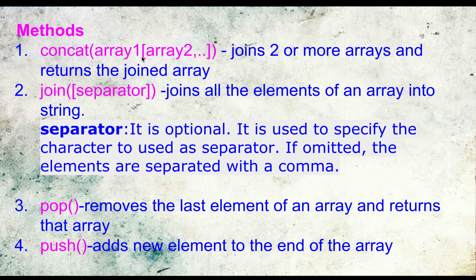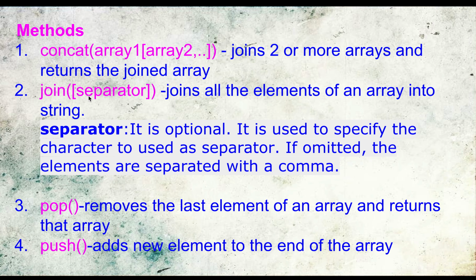Okay, the remaining arrays are optional, that is you can join either 2 or more of them. If only 2 arrays, you need to specify only the first parameter. If there are multiple of them, then you need to specify them separated by comma.